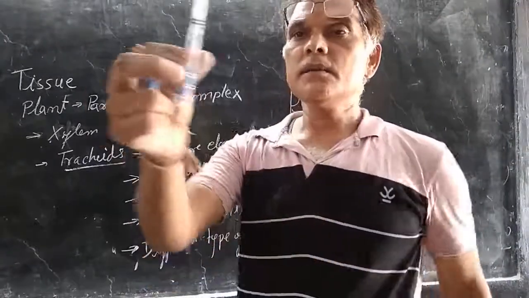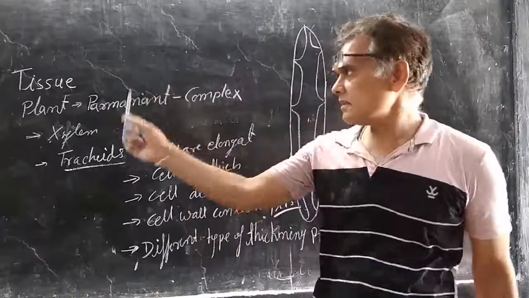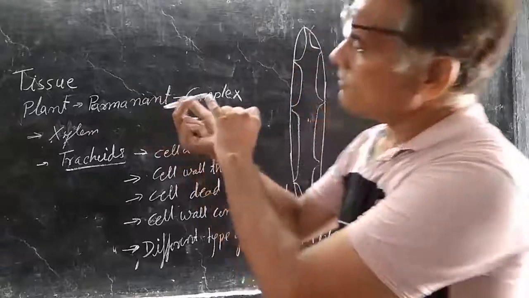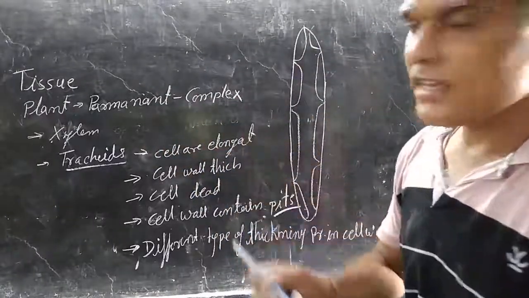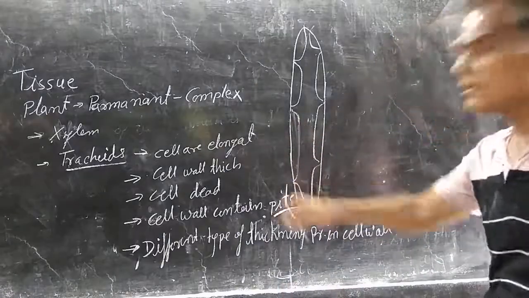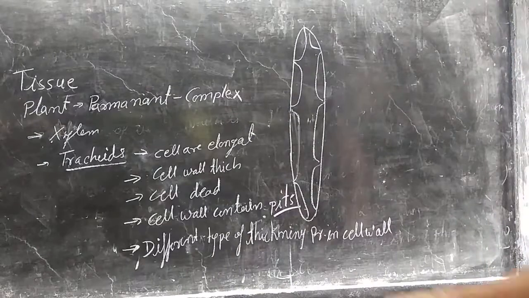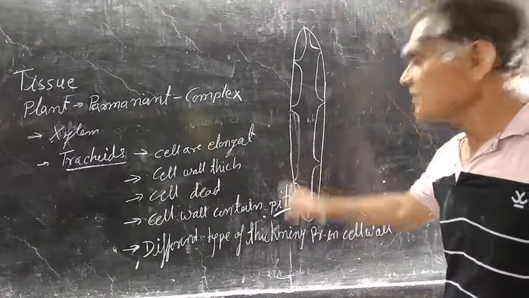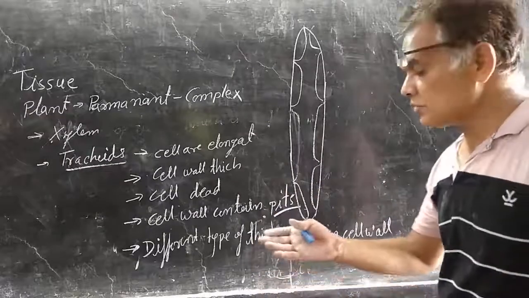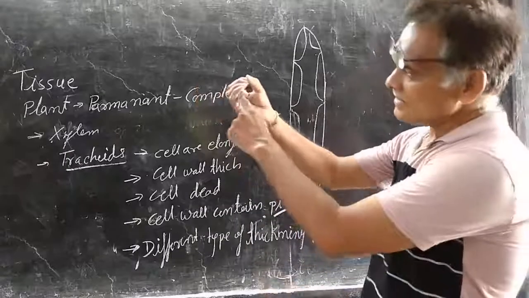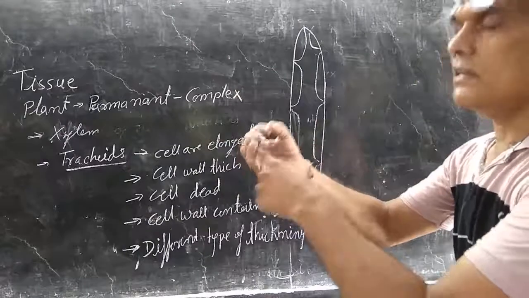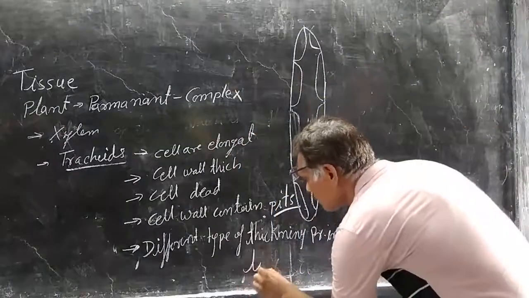Suppose this is the vessel or this is the tracheid, and inside the tracheid wall, this is the inner wall. Here deposition of cell wall material occurs, and that deposition occurs in different ways. That deposition of cell wall material is known as lignin.